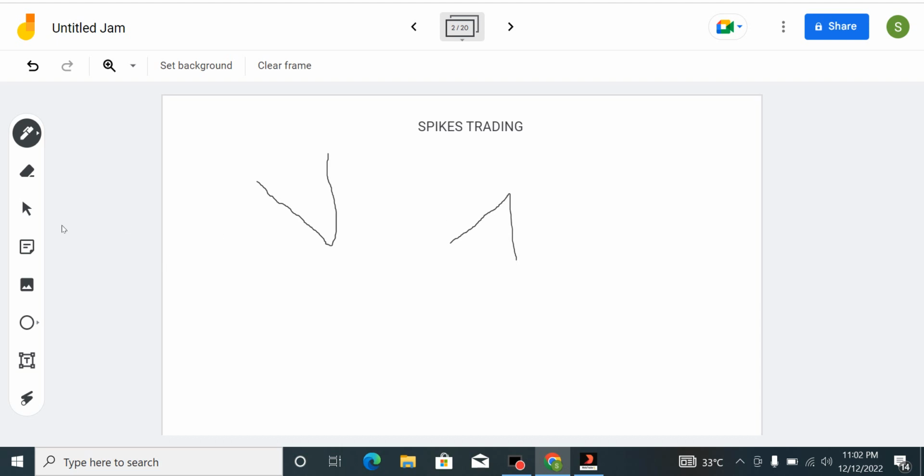For instance, if you are trading boom, you have more spikes happening when the market is on uptrend. And if you are trading crash, you have more spikes happening when the market is on downtrend. That is very important.